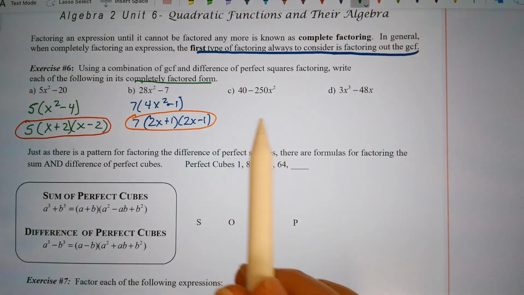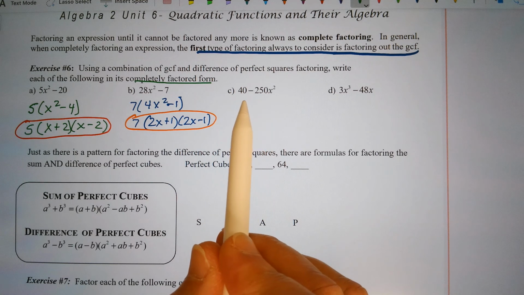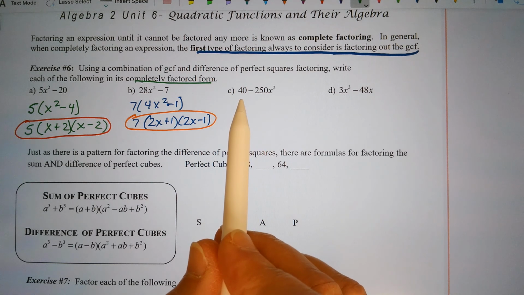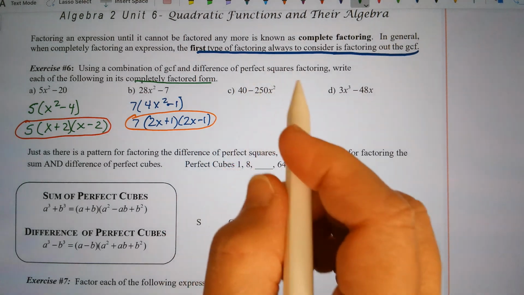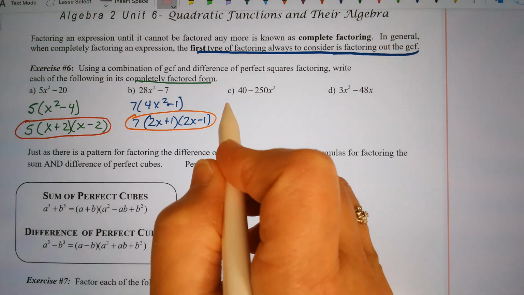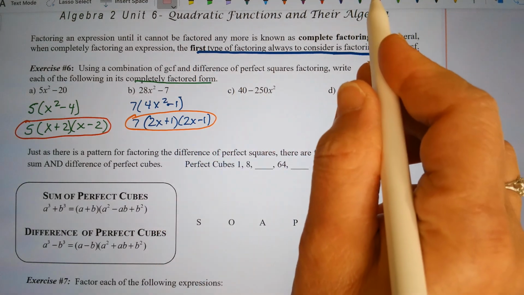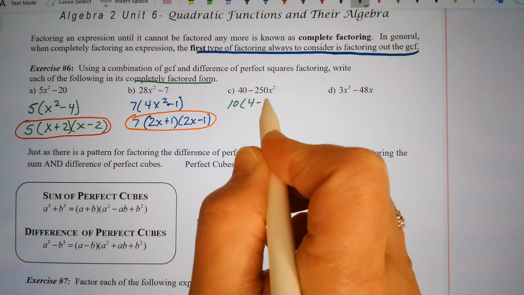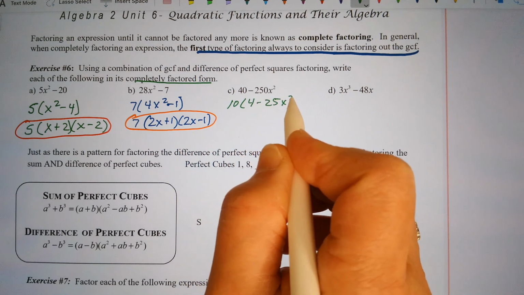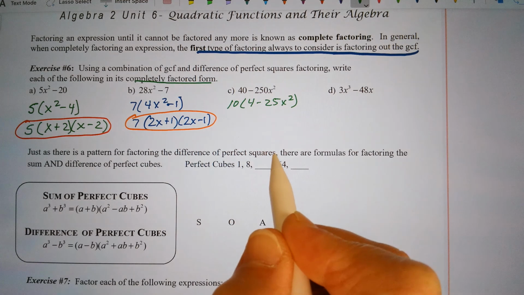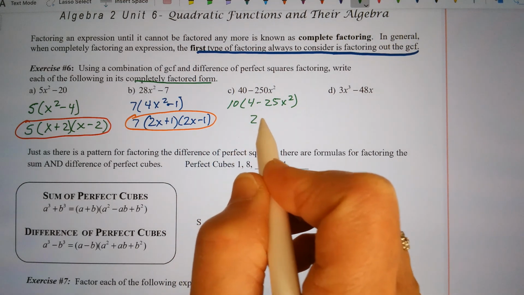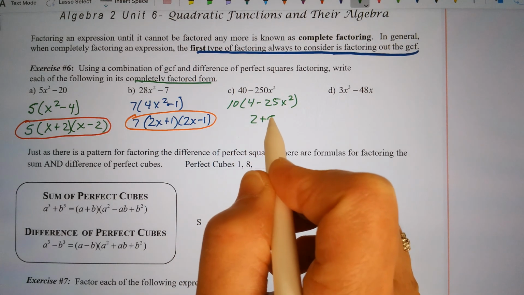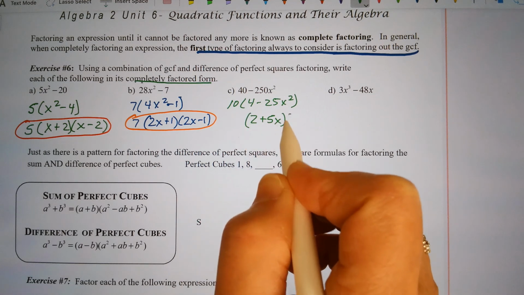C, I believe 10, yeah, 10 is common to 40 and 250. And now the 4 minus 25x squared is the difference of perfect squares. 2 plus 5x times 2 minus 5x.